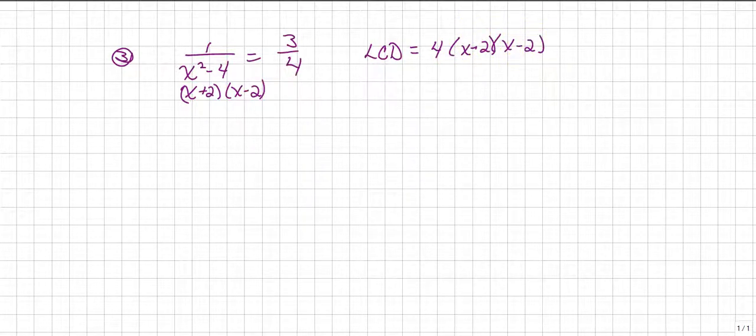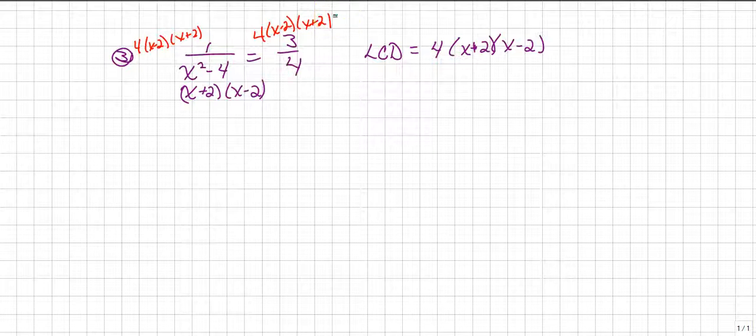So I'm going to multiply both sides of that equation by that big old common denominator, 4 times x minus 2, x plus 2. I just saw I missed a plus sign on the right. Let me go back and fix that. Make sure we can see that as a plus sign. There we go. And on the right, multiplied by the common denominator also, 4 times x minus 2, x plus 2.